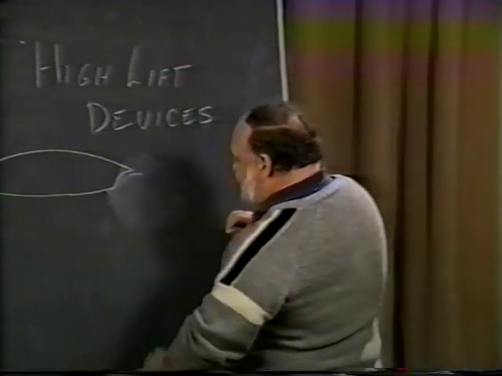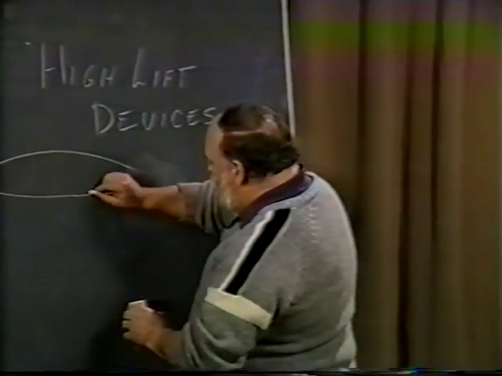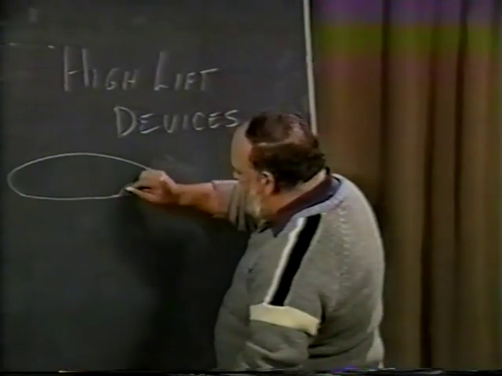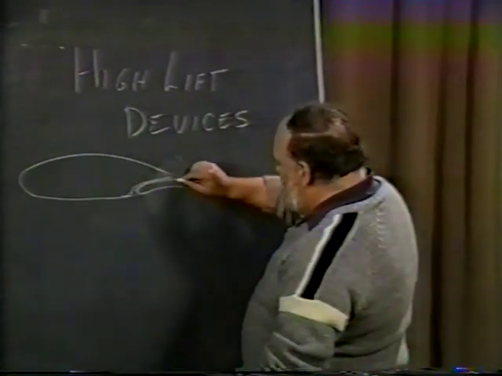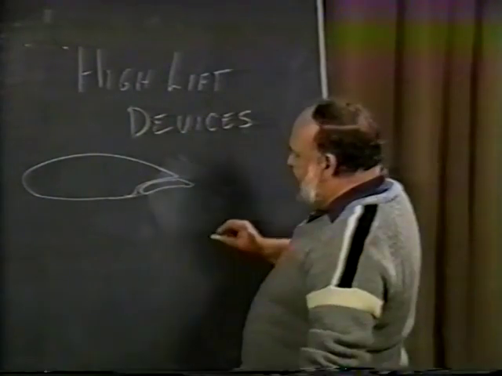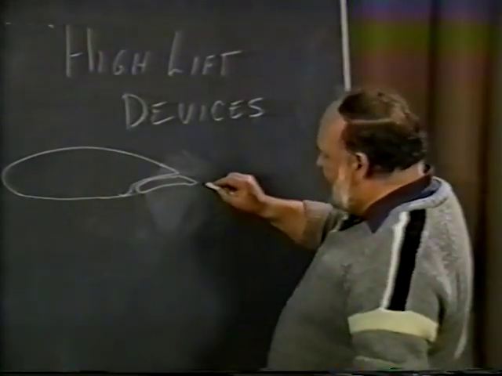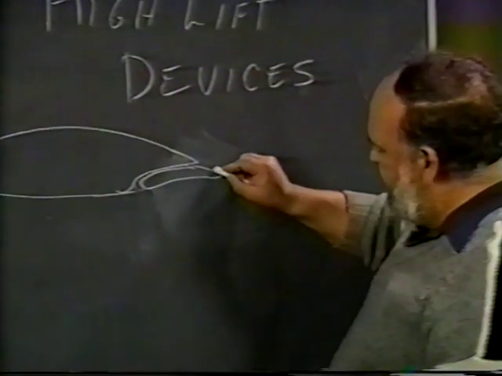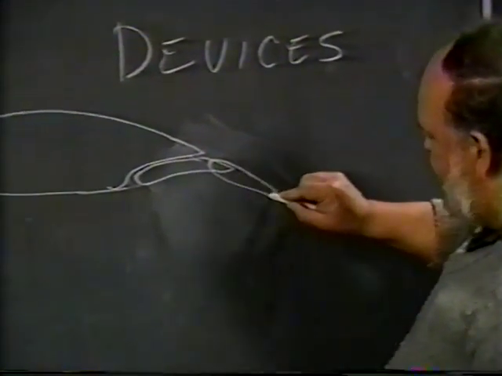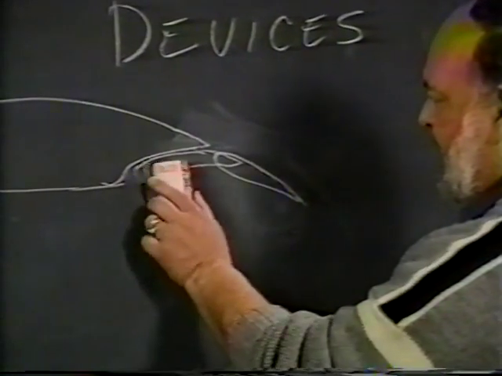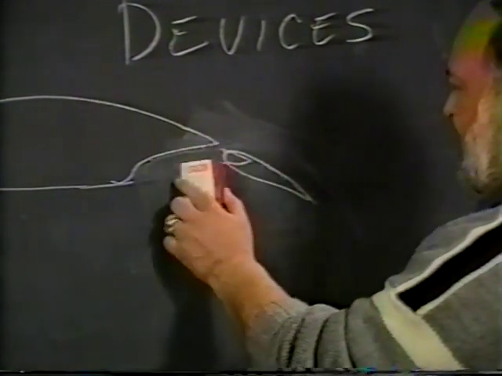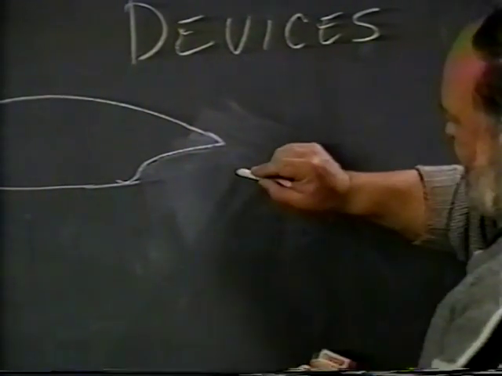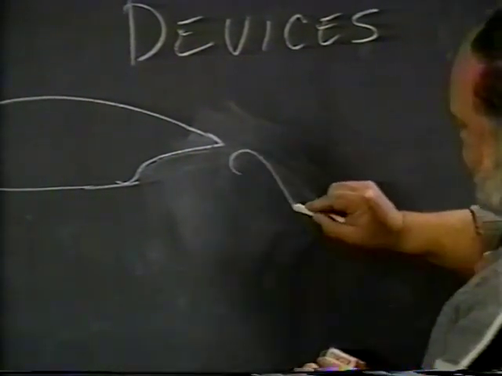It's just that the Fowler flap is built so that it goes within the wing section quite a bit, and when the flap is deflected, it moves back here, and therefore is actually increasing the wing area of the wing itself. Now let me redraw that a little bit so it gets a little bit clearer.